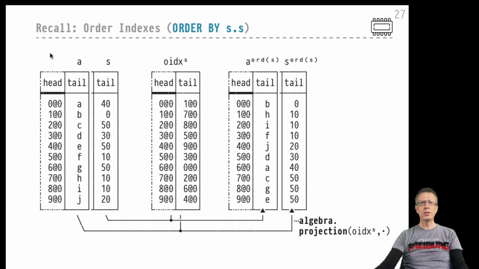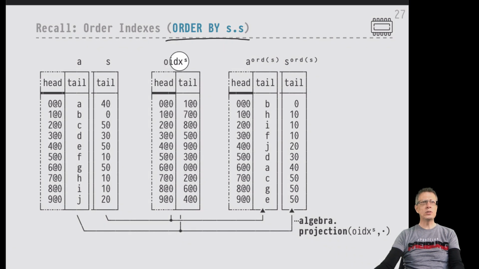Both are aligned and synchronized on their head column. Ordering on the S column, a single criterion ordering, would be implemented by creating an order index for the S BAT. This is exactly what I've indicated here. This is the order index of the S BAT.